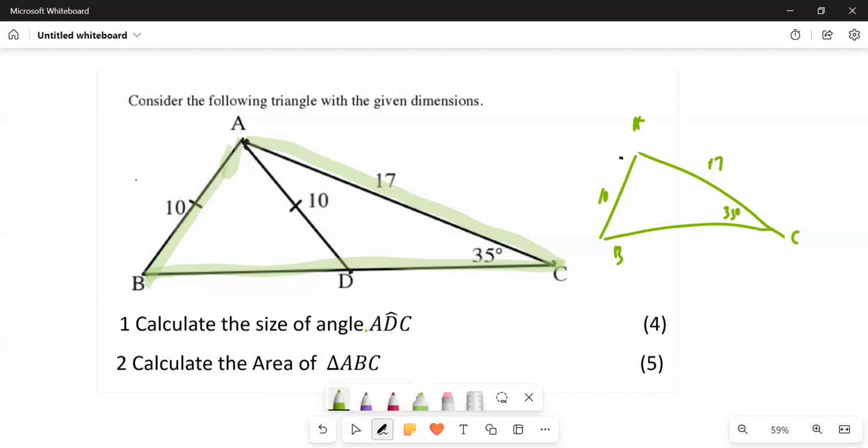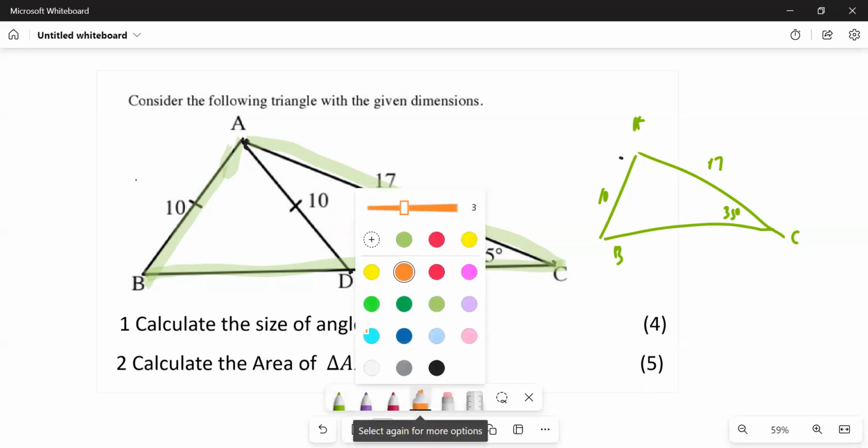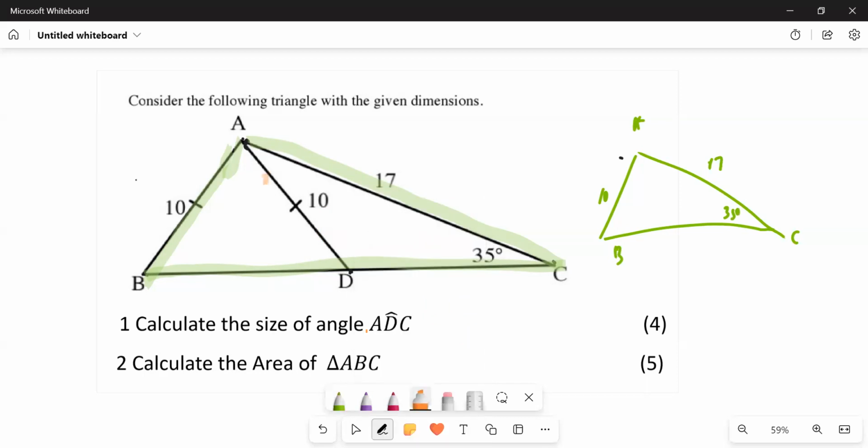Can we also take triangle ABD? A like this one, ABD, ne? Let's take it out. So we have ABD.